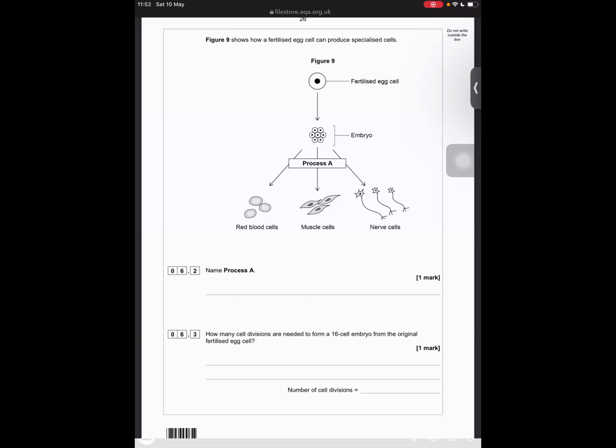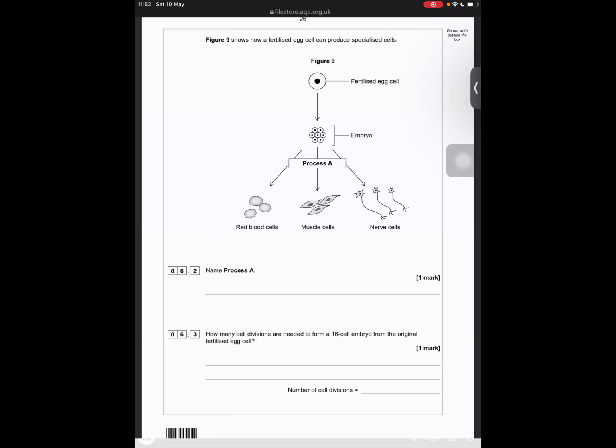Let's see. In my imagination, I'm seeing a single cell that divides into two. Each of those two divides into two again. I now have four. How many steps is that? The question says how many cell divisions are needed to form a 16 cell embryo.